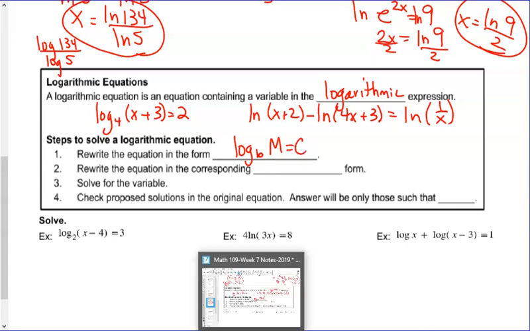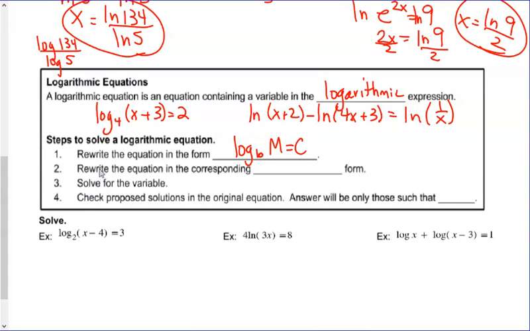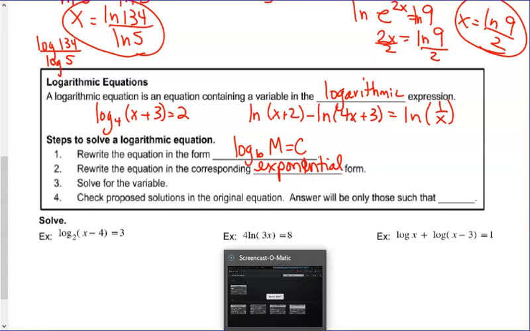Then we're going to rewrite that equation in its corresponding exponential form. Then we're going to solve for the variable, just like what we were doing prior, and then we are going to check the proposed solution.